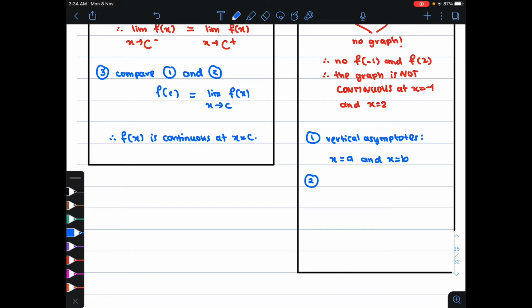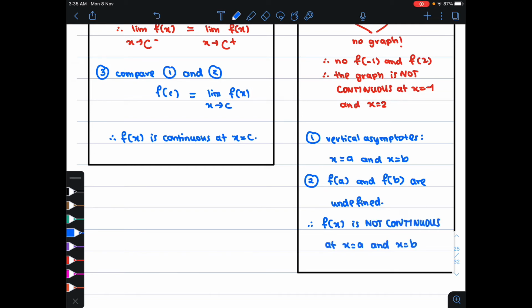If they are vertical asymptotes, this means that f(a) and f(b) do not exist. So they are undefined, and hence f(x) is not continuous at x equal to a and x equal to b. This is the same as saying x equal to a and x equal to b are the points of discontinuity.